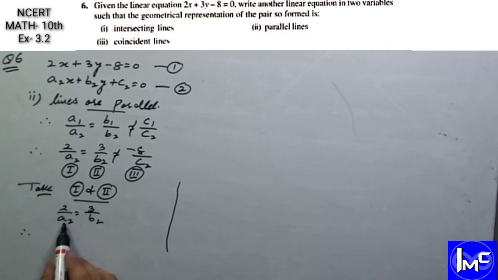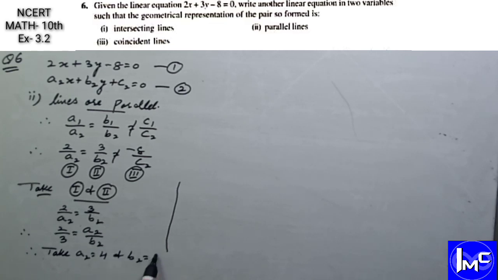Therefore this can be interchanged by alternendo, a2 over b2, and now we will substitute the values of a2 and b2 such that their ratio should be 2 by 3. Therefore take a2 is equal to 4 and b2 is equal to 6. You can see 4 by 6 makes 2 by 3.